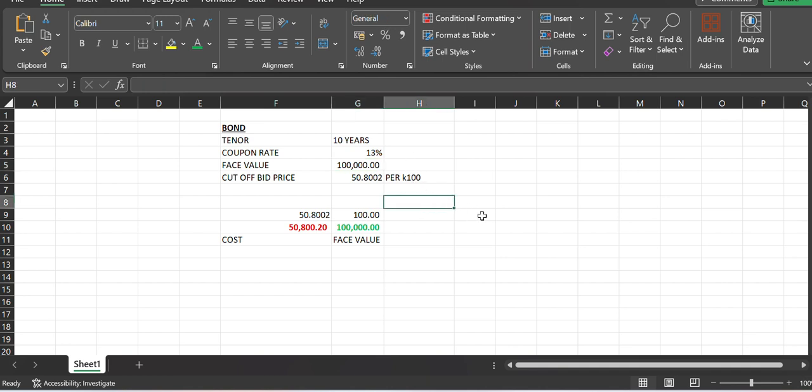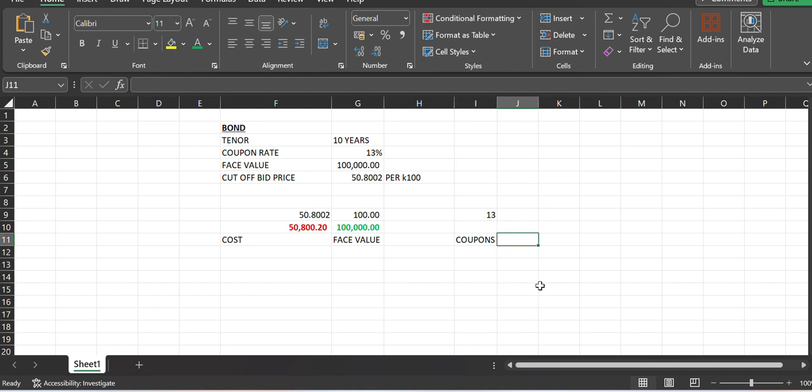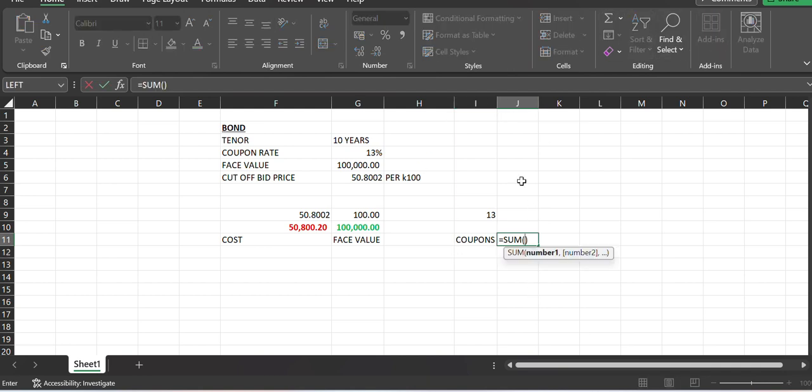So for your coupons, per annum, the way they will be calculating, it will be 13% of the face value.